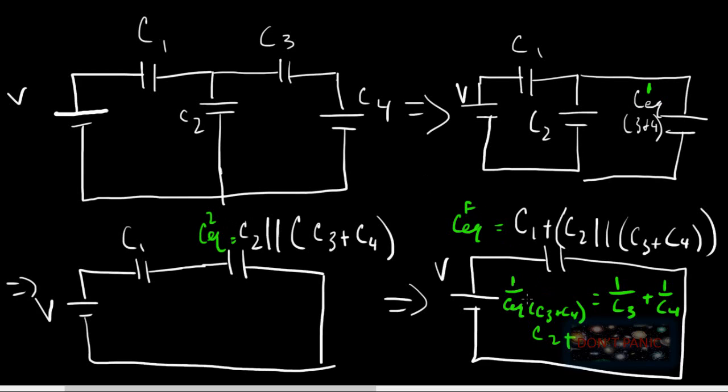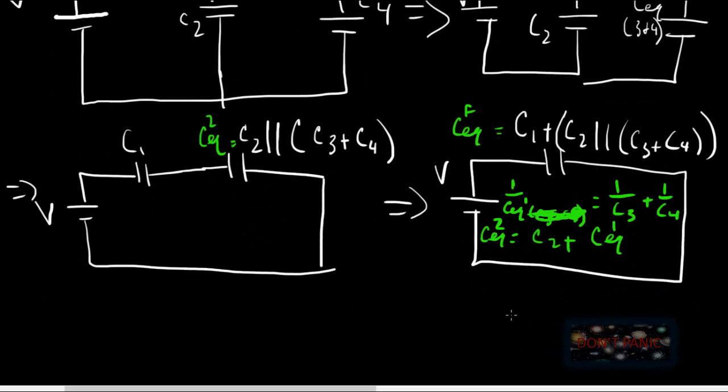So this is C equivalent 1, and then C equivalent 2 is going to be C2 plus C equivalent 1, and then the final equivalent is going to be one over C equivalent 2 plus 1 over C1.